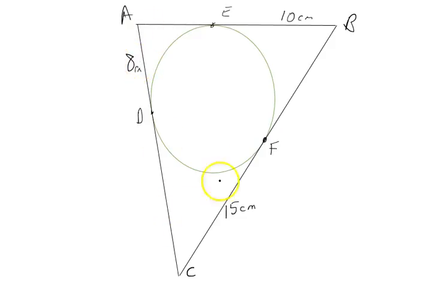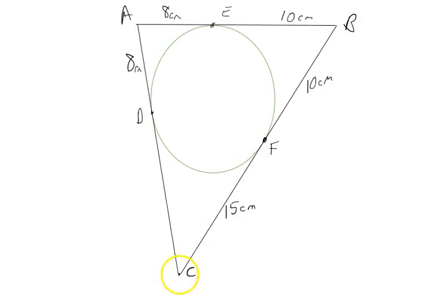So I could figure out the perimeter of this entire triangle just using that knowledge, because if this side is 8, this side is also 8. You have the similar situation at B, because B to E is a tangent line and B to F is a tangent line. And so if BE is 10, BF also has to be 10.